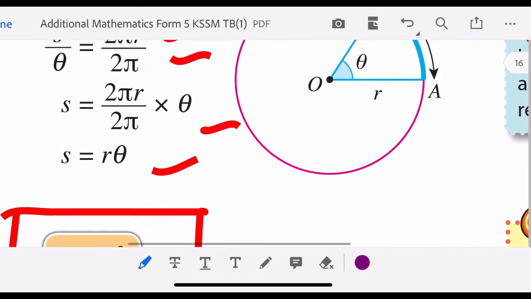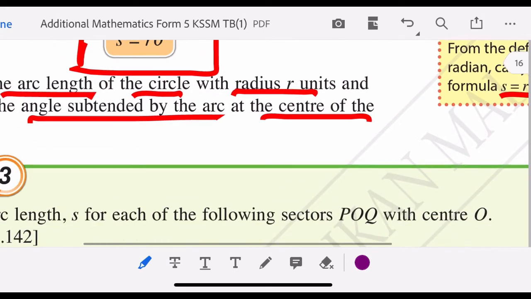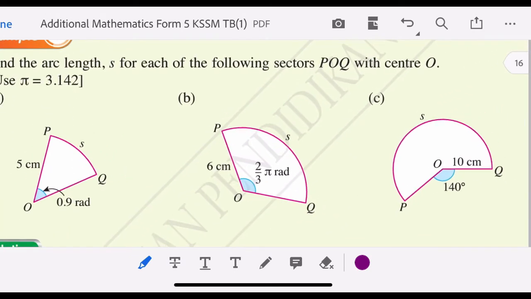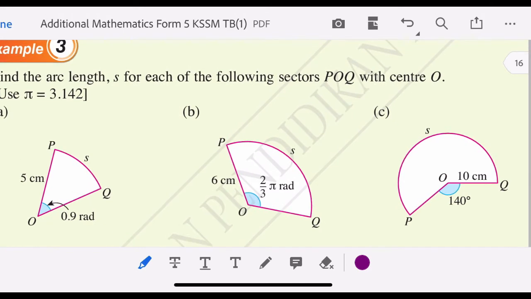So we have derived the arc length formula by using comparison between the circumference and the angle. Now we can solve all the questions in this example.